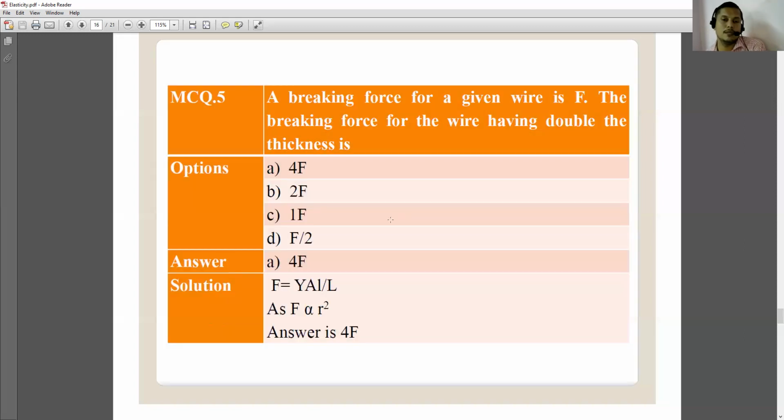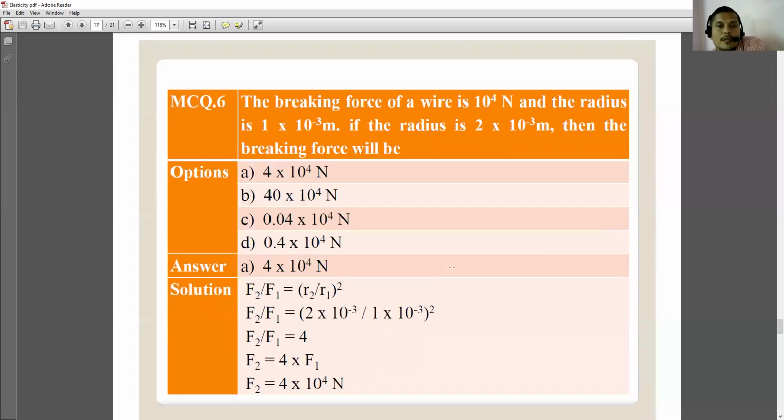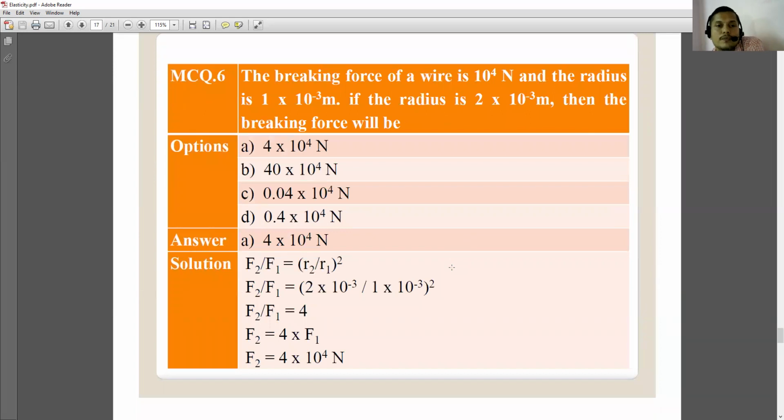Okay. Then next MCQ. The braking force of a wire is 10 raised to 4 Newton and the radius is 1 into 10 raised to minus 3 meter. If the radius is 2 into 10 raised to minus 3 meter, then the braking force will be. Okay, now here we have to consider the ratio of these two conditions.